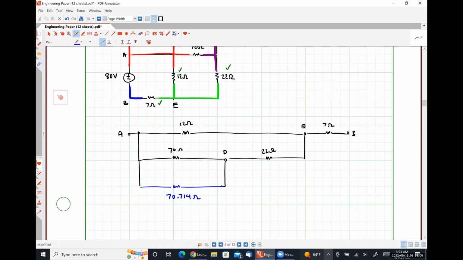Now the 70 and the 70.714 appear as if they're in parallel. So that's going to look like 35.178.